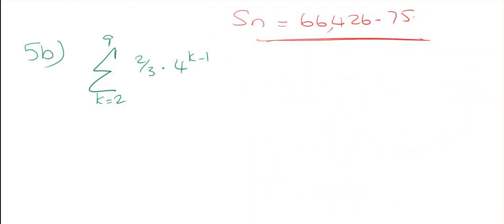Okay, so if you look at 5b, I've just rewritten the question, and we need to find a1, r, and n. To calculate a1, we're going to substitute in the value k with 2. So that's 2/3 multiplied by 4 to the power 2 minus 1.